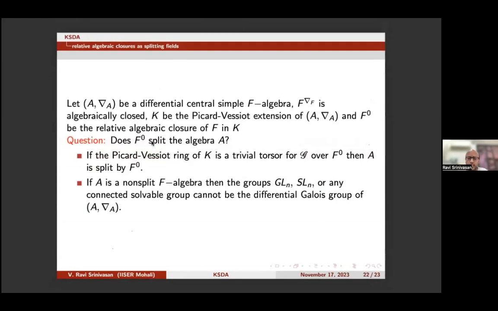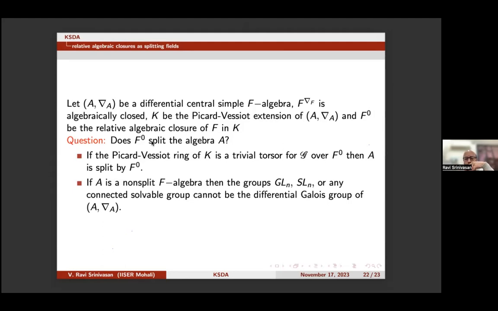There is a question to which I do not know a full answer. If I have a differential central simple algebra, and I restrict the derivation of A to the base field, assume the constants are algebraically closed. Now I take a Picard-Vessiot extension and its relative algebraic closure.